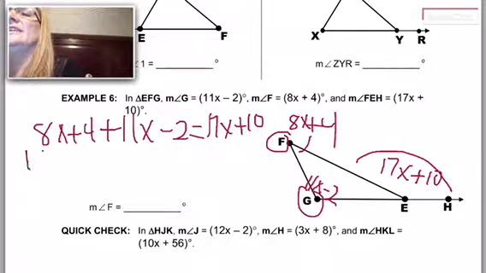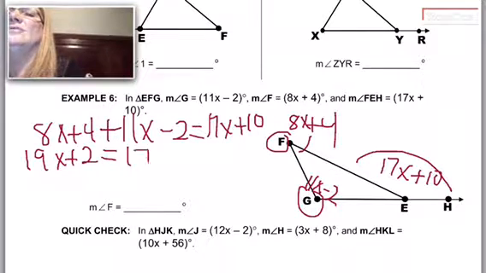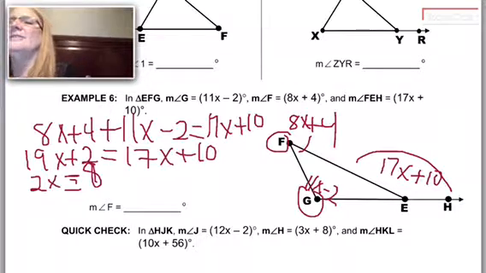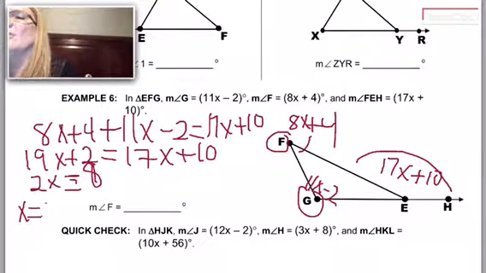So we get 19x plus 2 equals 17x plus 10. If we subtract 17x from both sides, we get 2x. And then I'm going to subtract 2 from both sides. I get 2x is equal to 8. Divide by 2, and we get x is equal to 4.